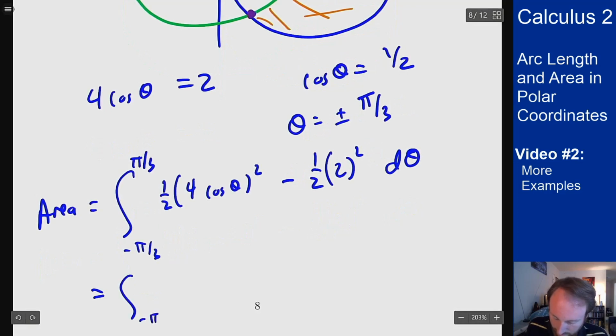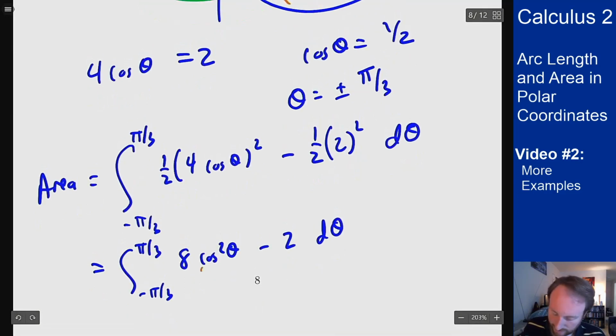Integral from minus pi over 3 to pi over 3. 4 squared is 16, so I get 8 cosine squared theta minus 2 d theta. The cosine squared again becomes (1 plus cosine of 2 theta) over 2.